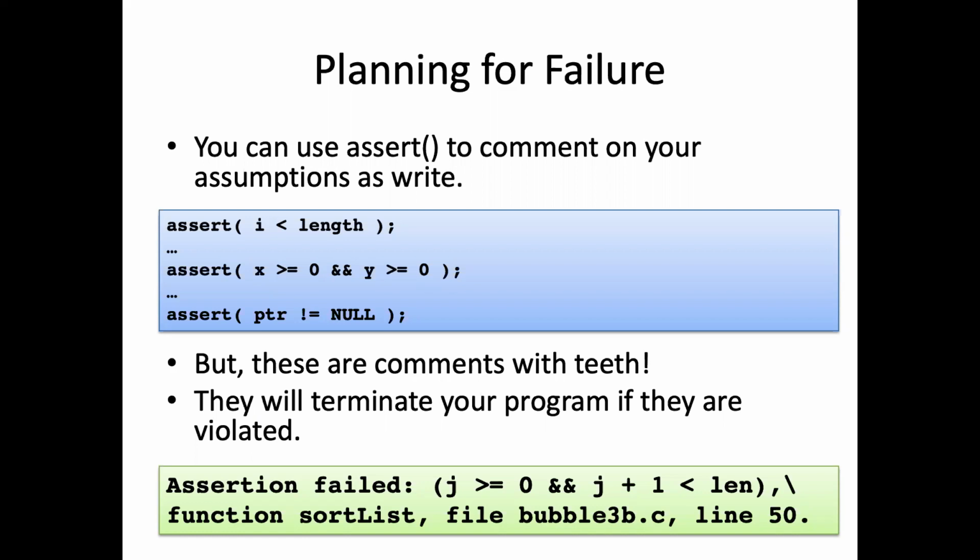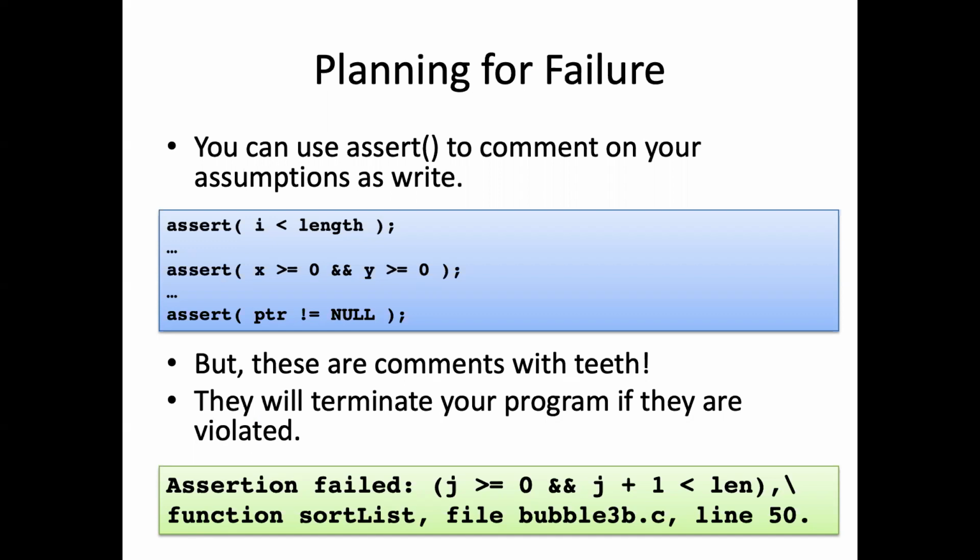Like my examples show up here, you can put in assertions for anything you want to check, like this last one. If you're using a pointer and you want to make sure that pointer is non-null because of what you're about to do with it, you could put an assertion in for that. And then if you were wrong, during execution, this would get caught right away.